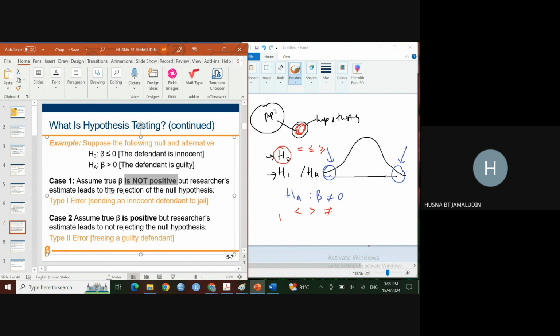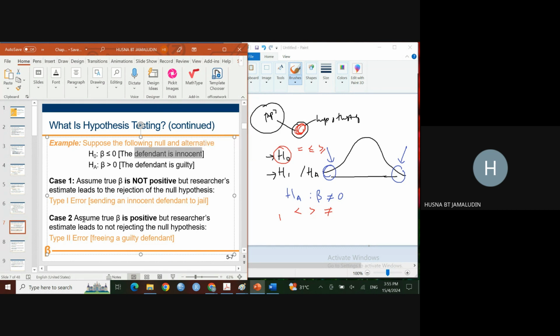Anyone? Rejecting a true null hypothesis. Yes. So H null is true, but you reject it. Basically, you send an innocent defendant to jail. The defendant is innocent, but you rejected that, so you send them to jail.